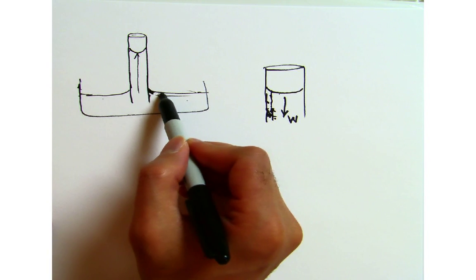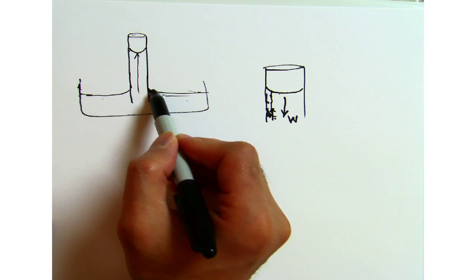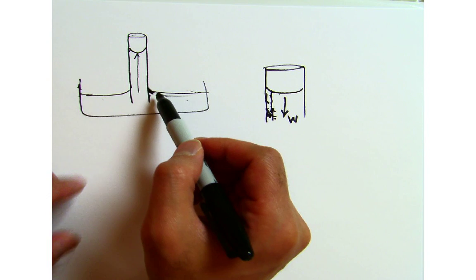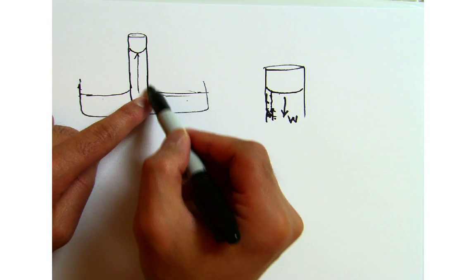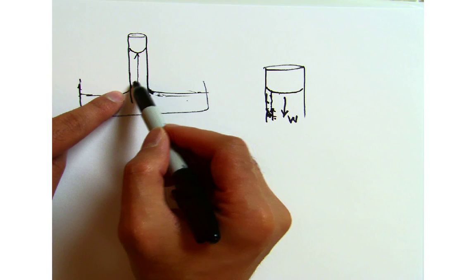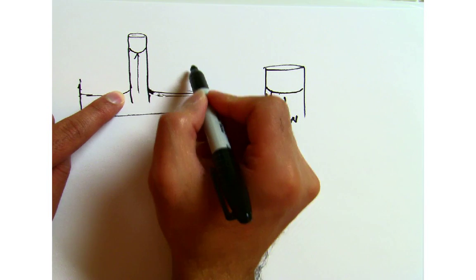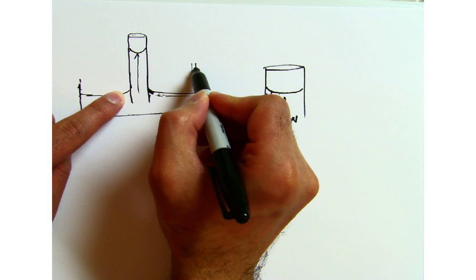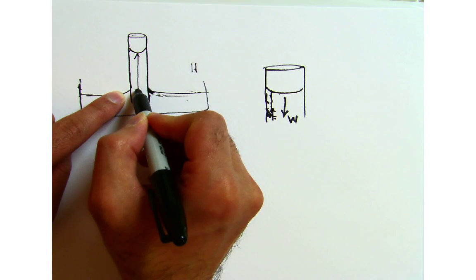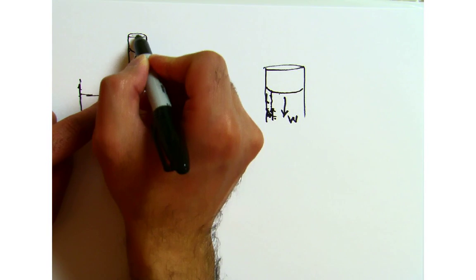But if you have less water, then even this will go up. So the surface tension force pulls the water up, and inside a small capillary with a very small diameter, it's much easier for it to pull the water up.